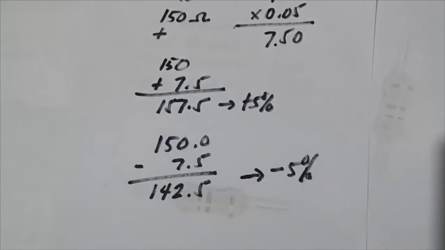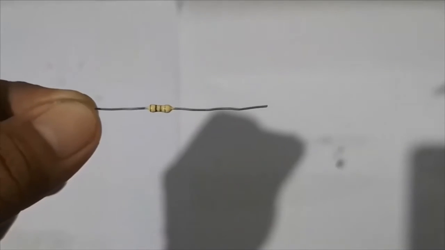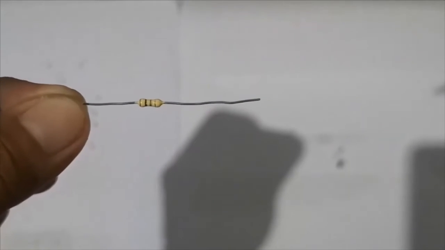This means that the 150 ohms resistor will operate from the actual measured value of 142.5 up to 157.5 measured value of resistance. Now let us measure the actual resistance of a 150 ohm resistor using the analog multimeter.